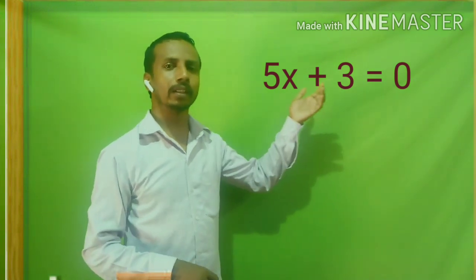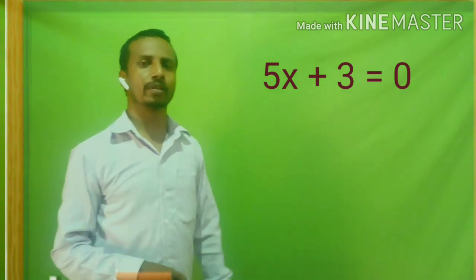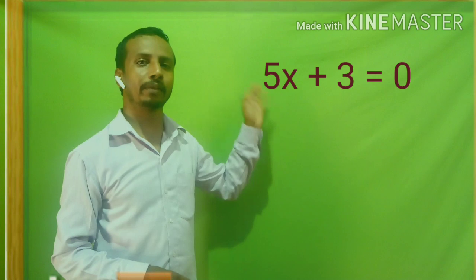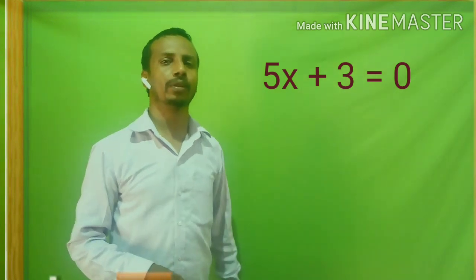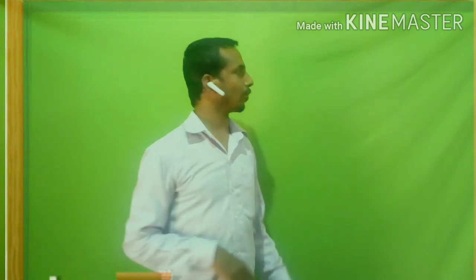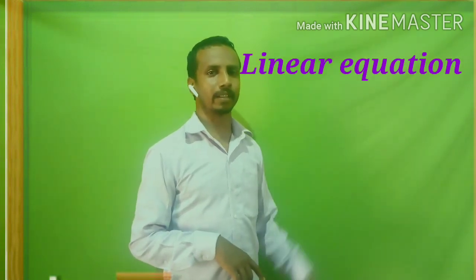Therefore, it is called a linear equation. An algebraic expression in which the highest degree of the variable is 1 is called a linear equation.